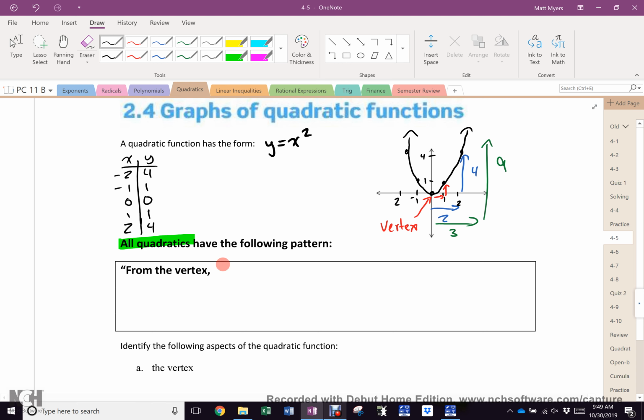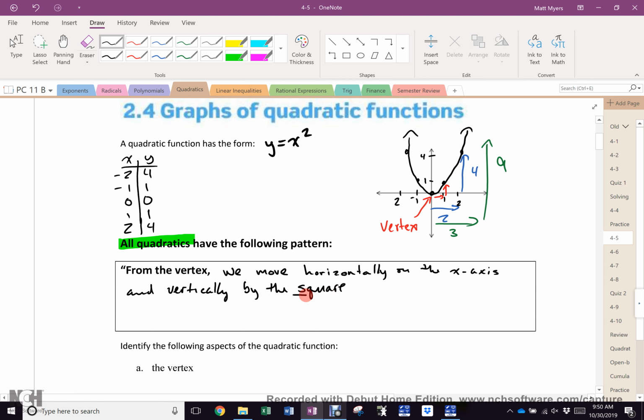From the vertex, we move horizontally on the x-axis and vertically by the square, not square root, by the square of the x adjustment.